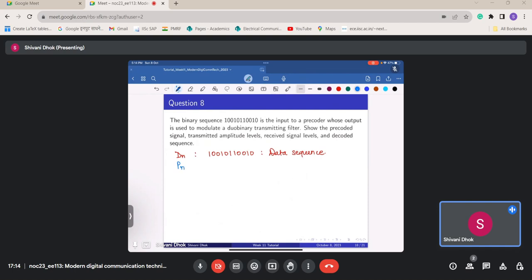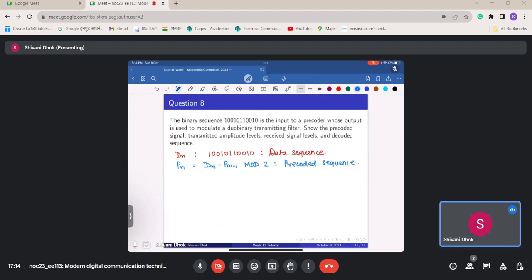The output of this precoder is Pn, which is basically Dn, that is the current data instant, minus Pn minus 1, that is your previously precoded bit, or previously precoded data. And this thing is modulo m. Here m is equal to 2. I'm sorry, this is modulo m, so this is modulo 2, and this is my pre-coded sequence.